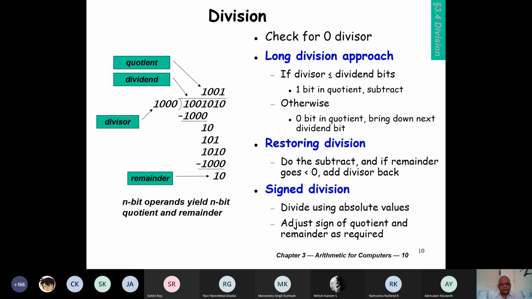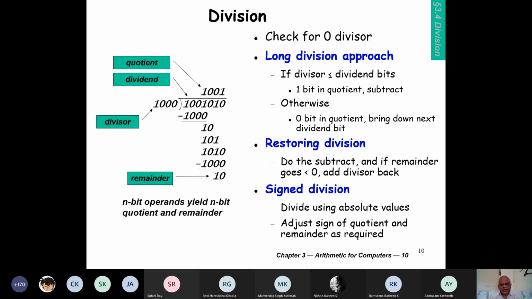If it is not less, once we subtract we put a 1 in the quotient, and if it is less than the divisor, then we put a 0 and bring another bit down. If it is still less than the divisor, we put another 0 and bring that down. Finally we subtract, with no more bits to bring down, and that forms our remainder, and we have our quotient.